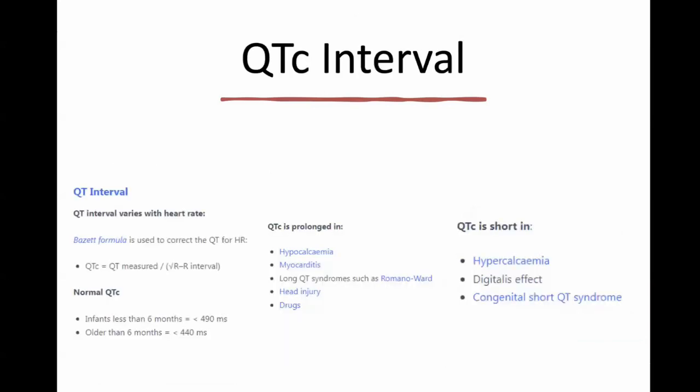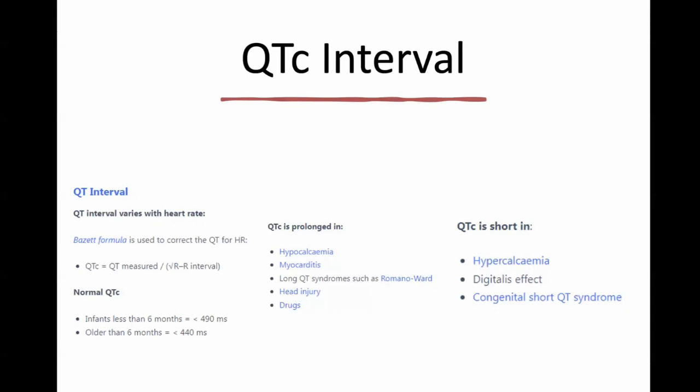We use Bazett's formula to calculate the corrected QT interval. To work out this interval, we divide the QT interval by the square root of the preceding RR interval, that is the number of milliseconds between the QRS complex right before the QT interval of interest. Again, you have to look at the normal values to determine whether or not this calculated QT interval is abnormal for your patient.